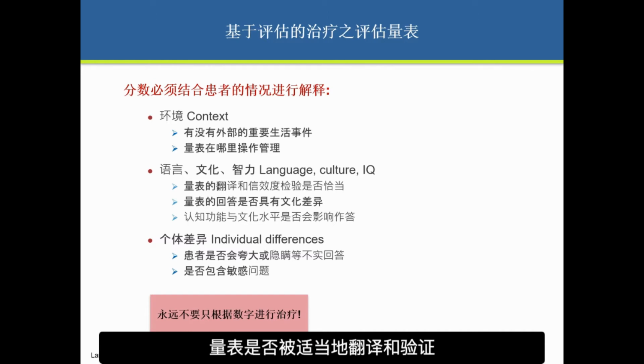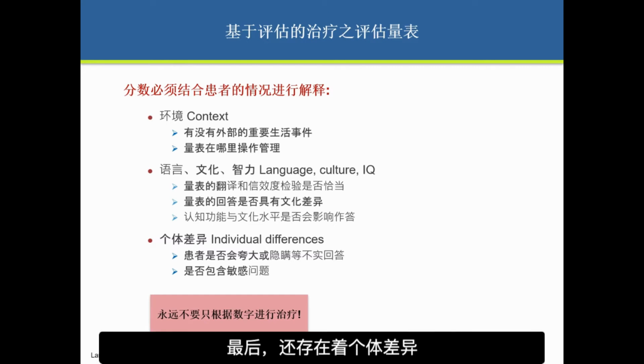Has the scale been appropriately translated and validated in the other language? Are there any cultural differences in terms of responding to a questionnaire? And in particular, are there cognitive or literacy issues that make it difficult for patients to understand the questionnaires?